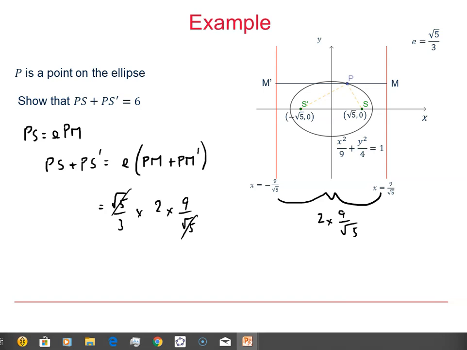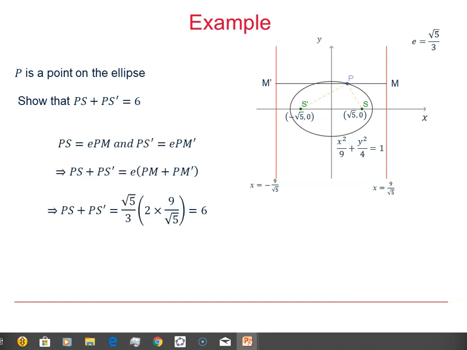Cancelling out the root 5s, dividing by 3 gives us that this is equal to 6. So a little bit of a trick there, using the property that PS, the focal distance, is e times the distance to the directrix. And here it is written out neatly for you.